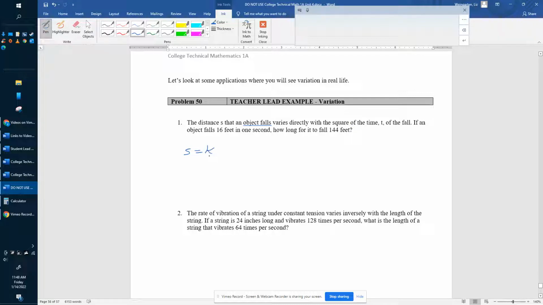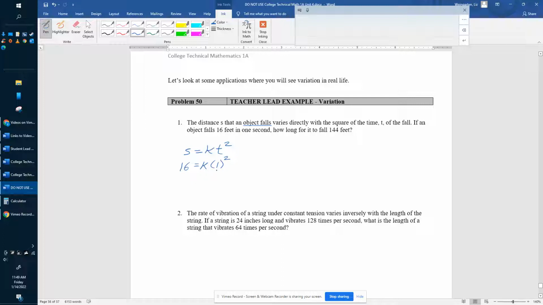So it's going to be equal to some constant times t squared, the square of the time. So if an object falls 16 feet in 1 second, so the distance is 16 feet in 1 second, how long will it fall for 144 feet?